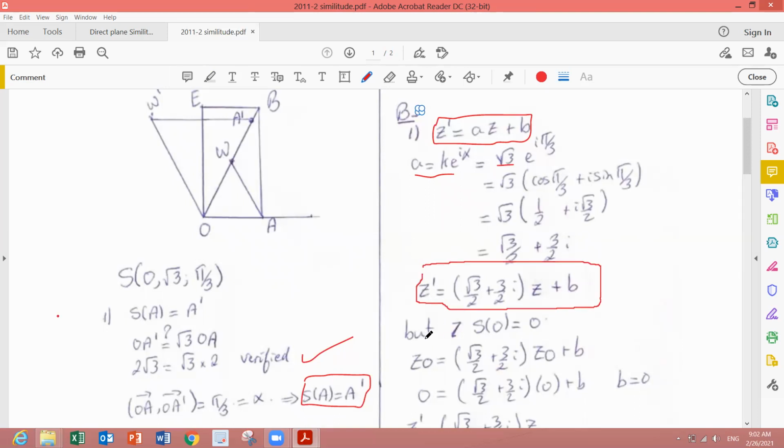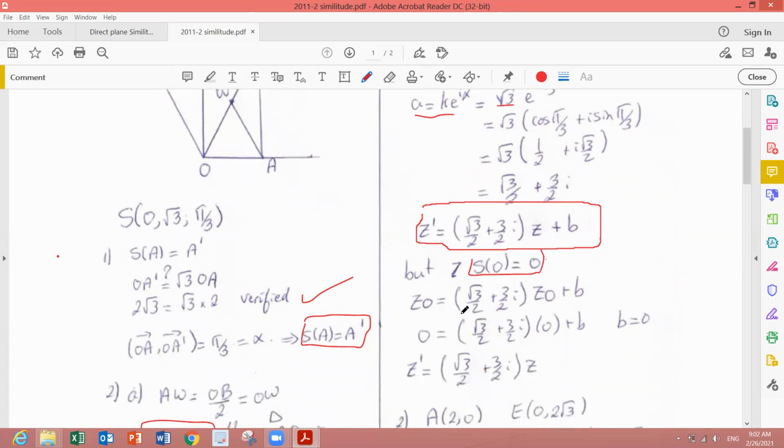But O is the center, then S of O equals O. So Z prime equals that expression in ZO, which means ZO equals radical 3 over 2 plus 3 over 2 i times ZO. ZO is 0.